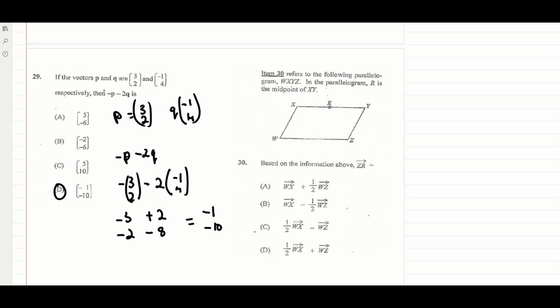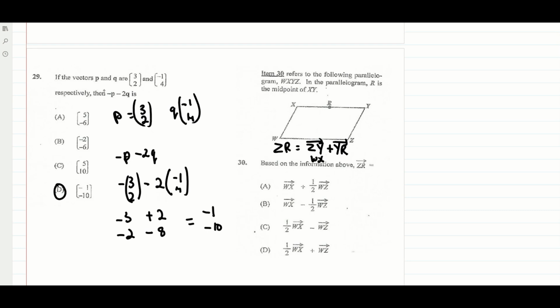So ZR, we're going from Z to Y plus Y to R. ZY is also known as WX because they're parallel. They didn't have a Z, so they're actually looking at the parallel side. So ZY will also be known as WX.